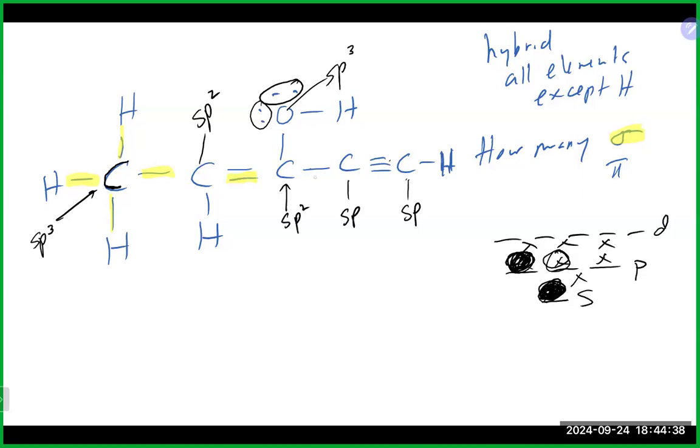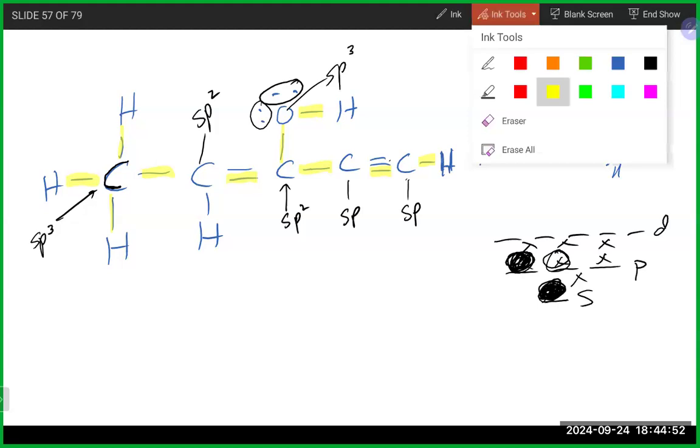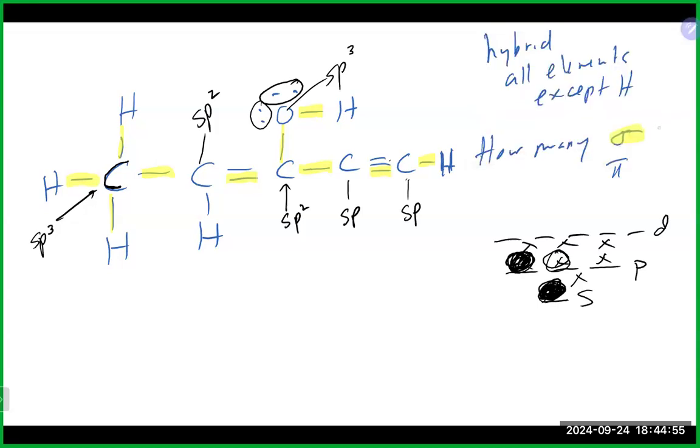There's 5, 6. A triple bond contains a sigma bond. 7, 8, 9, and 10. I think I got them all there. So that is 10 total sigma bonds, if I didn't miss anybody.